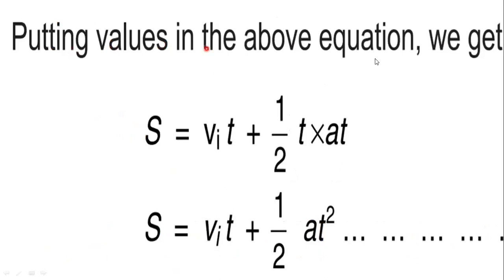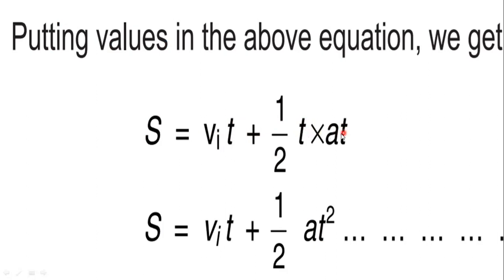Putting these values in the above equation, S is equal to the area of the rectangular region, Vi into T, where Vi is the width and time T is the length of that rectangle, plus the area of the triangular region, half of T, the base, into AT, the height.